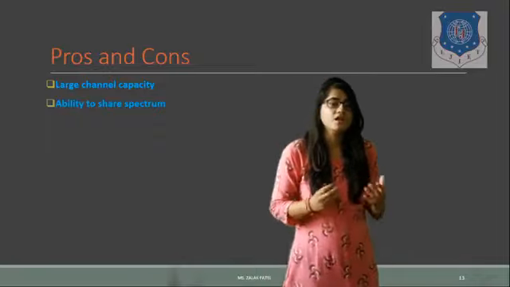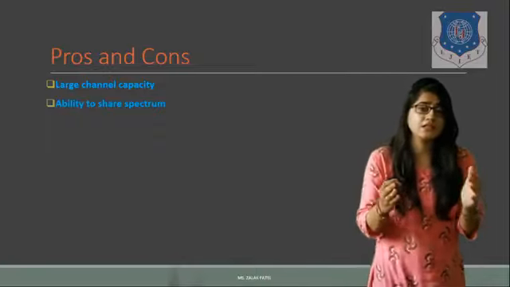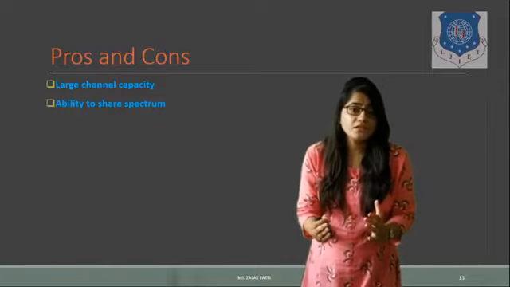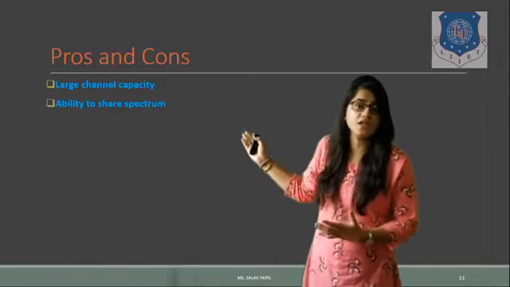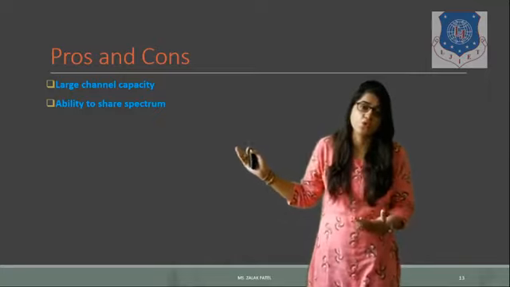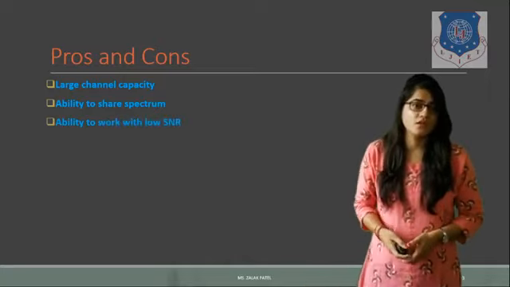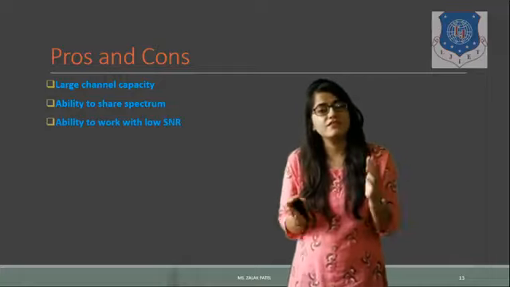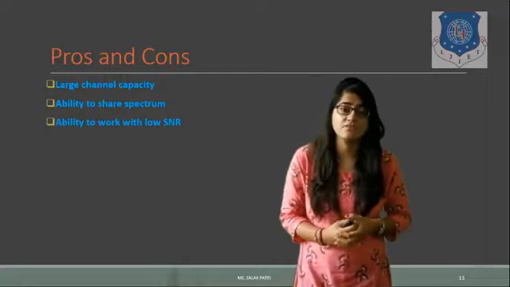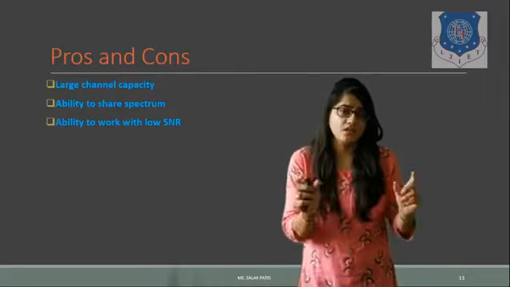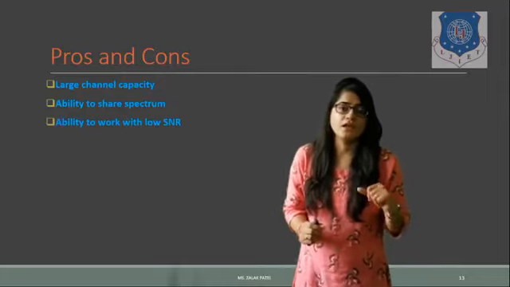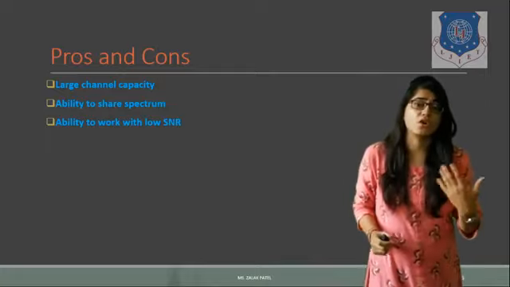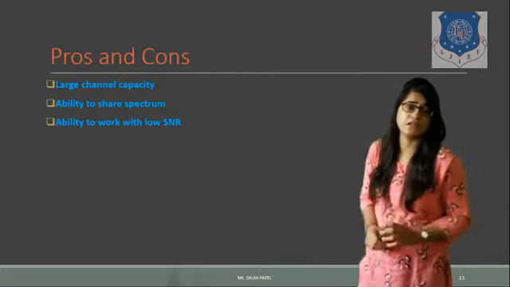Then next is the ability to share spectrum. Obviously the narrow bandwidth is enhanced to a large bandwidth. If the bandwidth is enhanced, then obviously the ability to share spectrum is more in the case of ultra wideband. It also works with low SNR, meaning if somehow the noise level increases during the passing of the signal, then it can be removed by removing the distortion or harmonics that can be present in a signal.